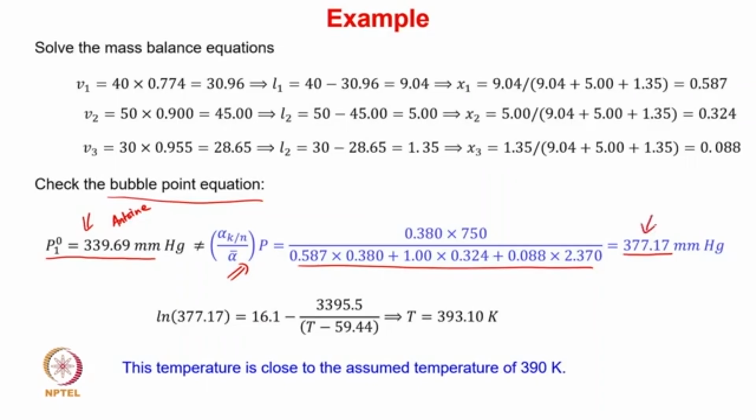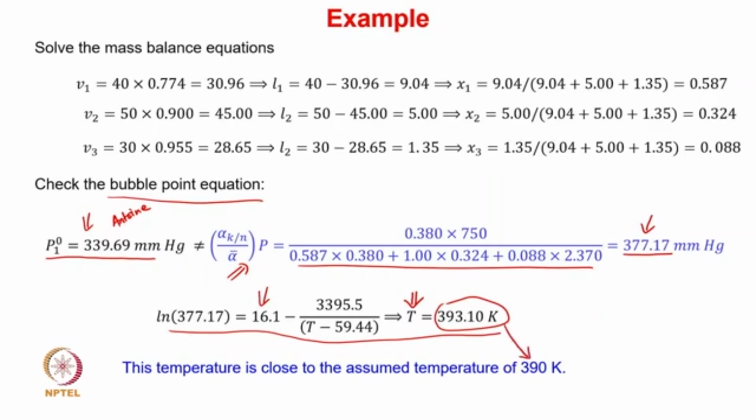Now with respect to this vapor pressure, we can again go back to the Antoine equation. This is the Antoine equation for component 1, and for this component we can back calculate the temperature. This back calculated temperature comes out to be 393.10 Kelvin, which is very close to the assumed value of 390.